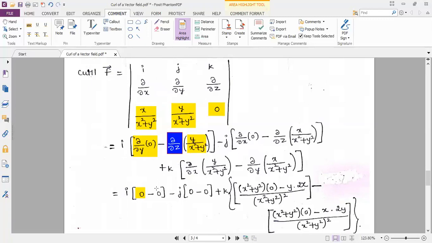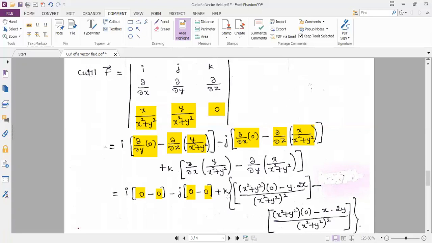So differentiation goes to 0. Minus j cap into dou by dou x of 0 is 0. Dou by dou z of x divided by x square plus y square is again a constant when we differentiate partially with respect to z. So differentiation goes to 0.